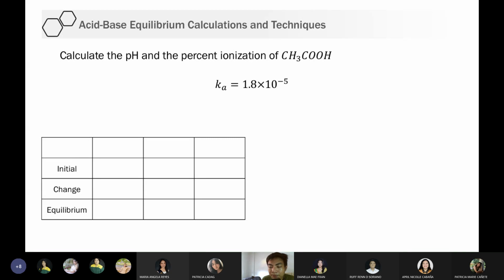Let's try this problem. Calculate the pH and the percent ionization of, I forgot yung molarity. Lagay ko yung molarity, 0.5 molar. Nakalimutan ko i-type. So calculate the pH and the percent ionization of 0.5 molar acetic acid. The Ka is given. So I want you to try to answer this now.